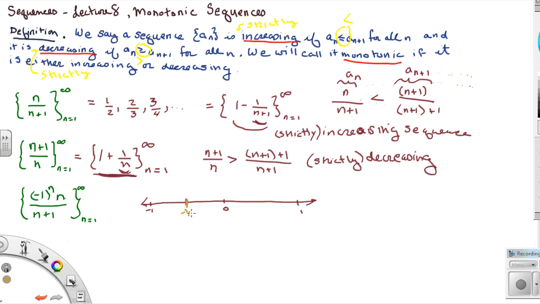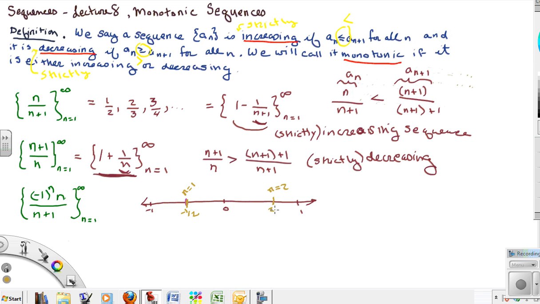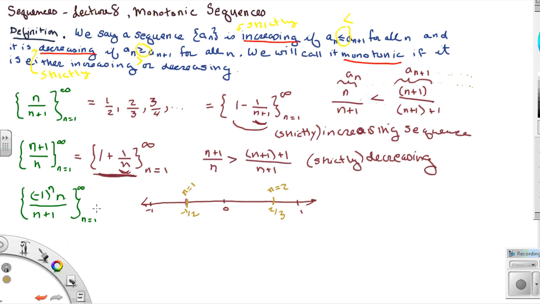At n equals 2, I'm going to have positive 2/3. At n equals 3, I'm going to have negative 3/4. That's over here.